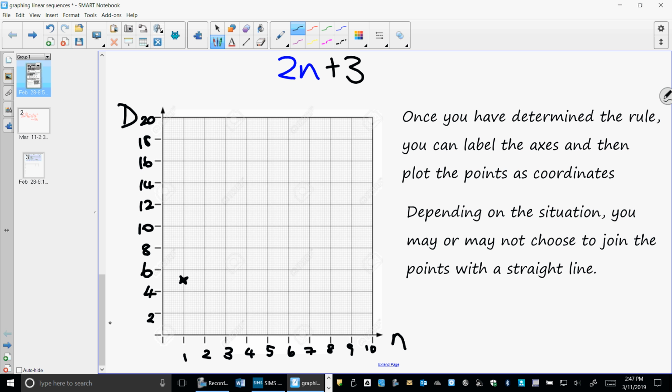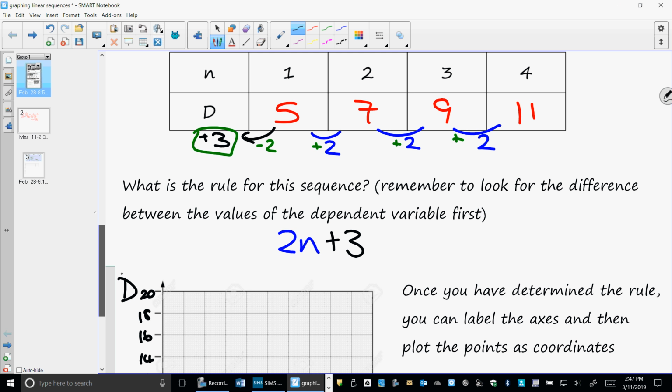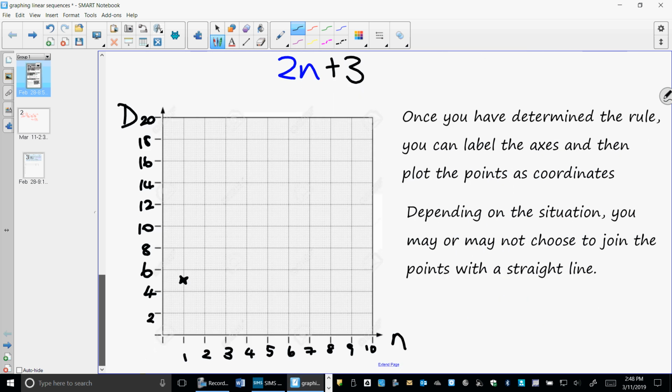Our second value is 2, 7. It's between 6 and 8, perfect. And then 3 was 9, so 3, 9. And 4 is 11.